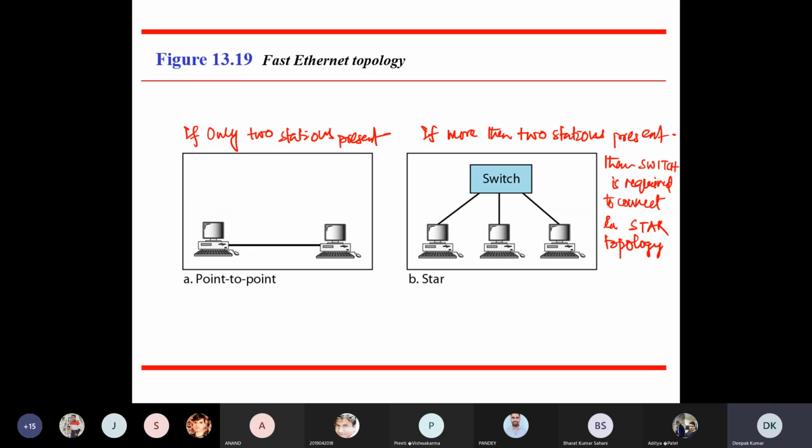And at the physical layer, the topology also affects the capacity of the channel.